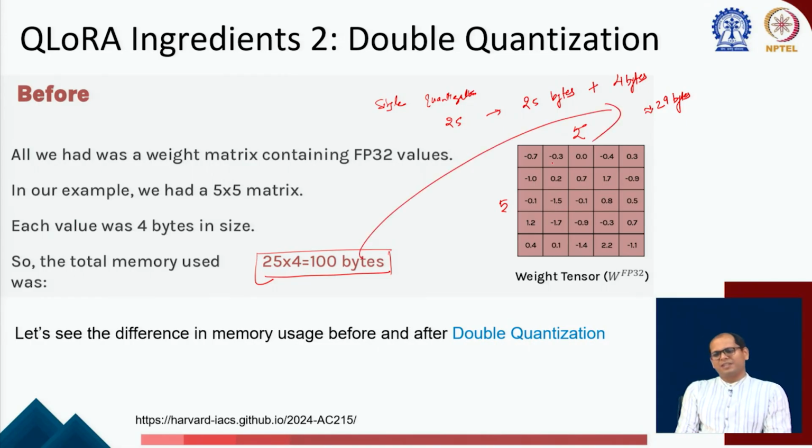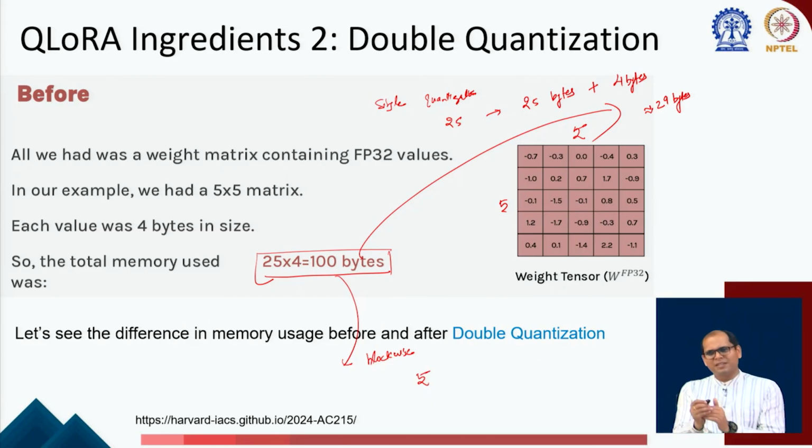It's a huge reduction, right? What is the problem though? The problem is that there may be an outlier and that may affect the quantization process. The error may be high for quantization, so I want to avoid that. To avoid that, I do block-wise quantization, and block-wise quantization will actually increase the number of bytes needed for storage, right? So now if I go to block-wise quantization, I have 5 blocks.